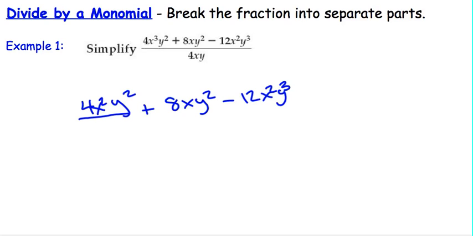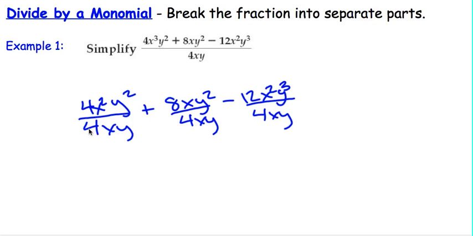And I'm going to put each of these into a fraction. The bottom part of all of them is the 4xy. So now it becomes three separate fractions that we're just going to reduce each part.